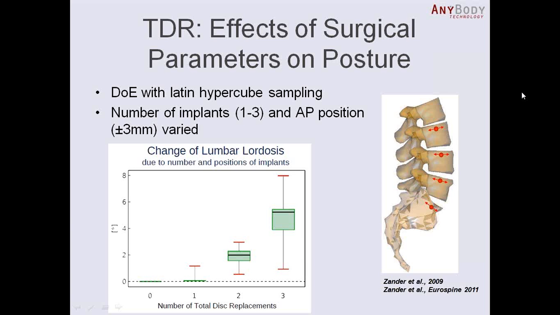As you would expect, when there are more implants used in an individual patient, uncertainty in device placement produces a substantial increase in the uncertainty of spinal stability, or lordosis, as reported in this study. And you can see this very clearly in the box and whisker chart, where with 3 implants, the variability in the lordosis angle is pretty large.